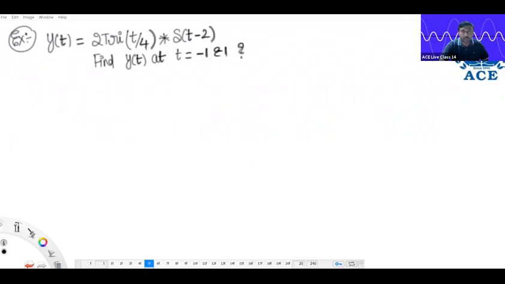So tri t by 4 means where does it cover? Minus 4 to 4. Now the amplitude is given as 2. Everyone have a thought?